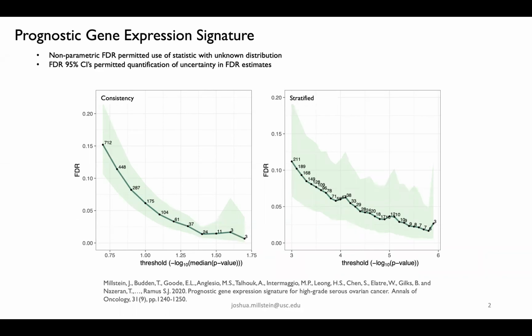Now, the main objective of this study was to identify gene expression associated with overall survival in these patients. It's not that this was the first study ever to try to do that. There were other studies before that used other platforms and other tissue types and associated gene expression with overall survival. But typically these studies were pretty small, in the hundreds of patient samples range.